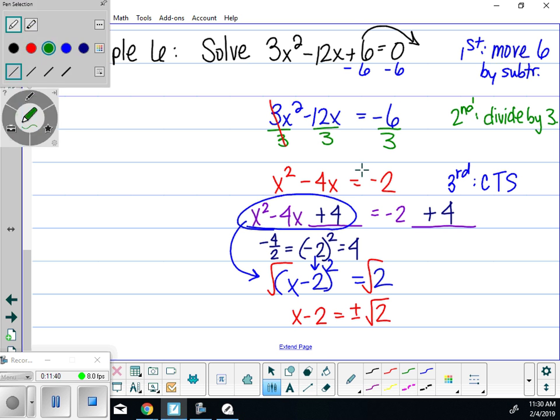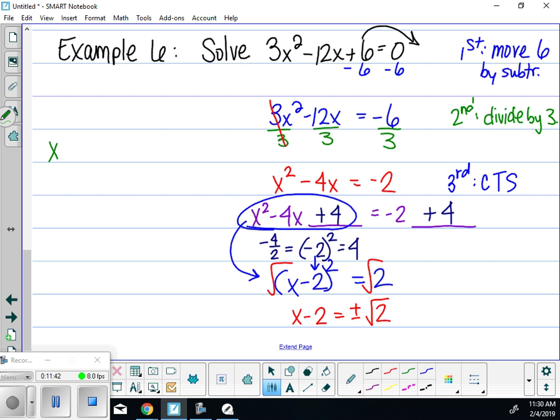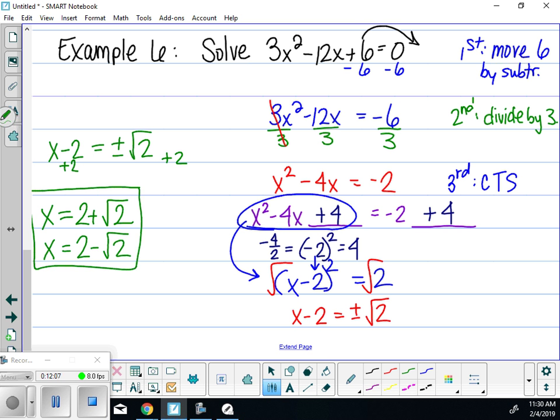So how do I write my answers to this? To get x by itself, I would add 2 to both sides, right? So I'm either going to have 2 plus the square root of 2, or 2 minus the square root of 2. That is how I am going to leave my answer.